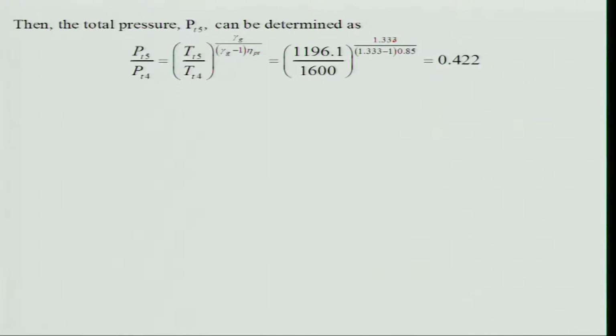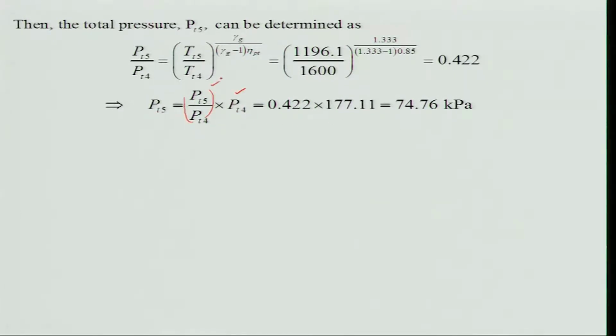Keep in mind, we are using 1.33 instead of 1.4 here. That happens to be 0.422. So, Pt5 we can determine very easily, because Pt4 is known and this ratio is already known.